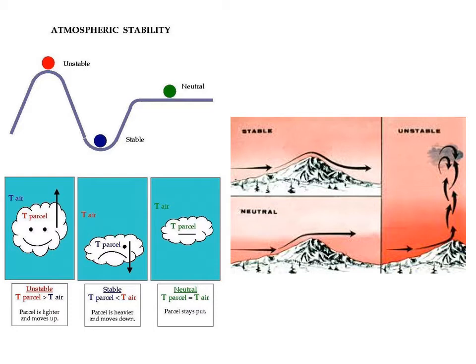Whereas in case of neutral condition, the pollutant will remain at the level of the peak of the hill. Whereas in case of an unstable condition, the pollutant will have a tendency to go vertically upward and have thorough mixing with the surrounding atmosphere.